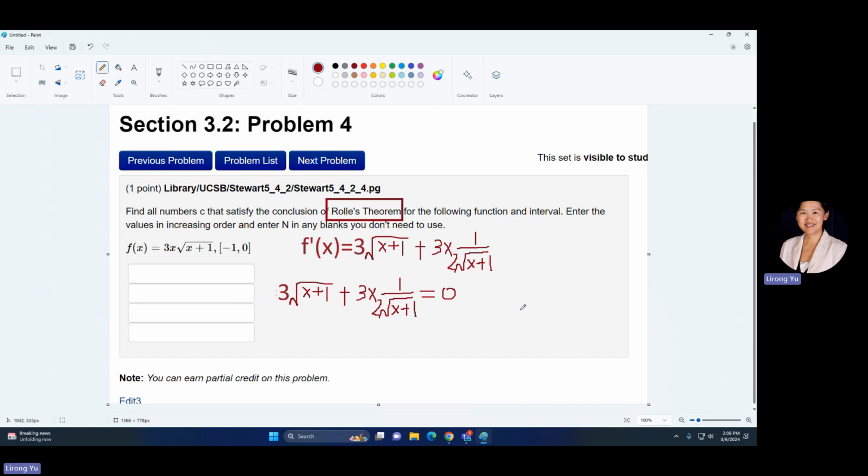To solve the equation, you have to find a way to combine them so you only have one x. So we move one term from the left to the right.